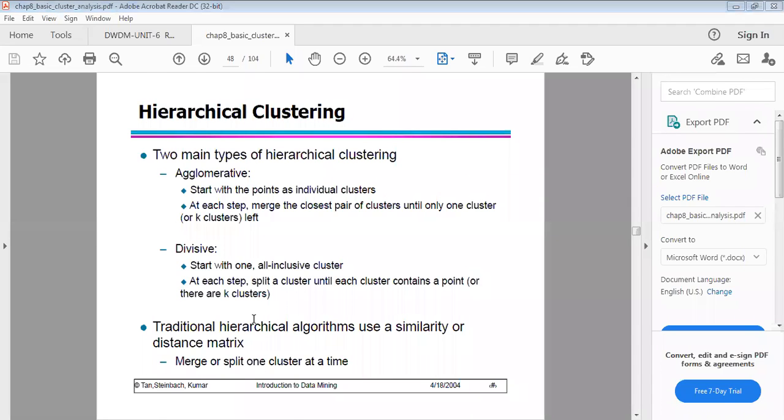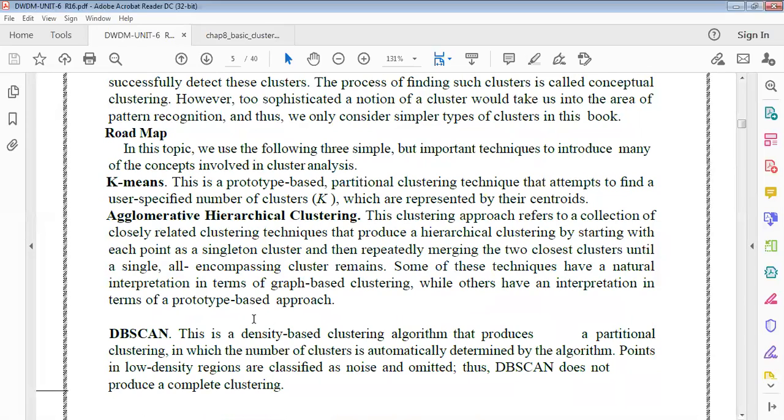The agglomerative hierarchical clustering approach refers to a collection of closely related clustering techniques that produce a hierarchical clustering by starting with each point as a singleton cluster and then repeatedly merging the two closest clusters until a single, all-encompassing cluster remains.